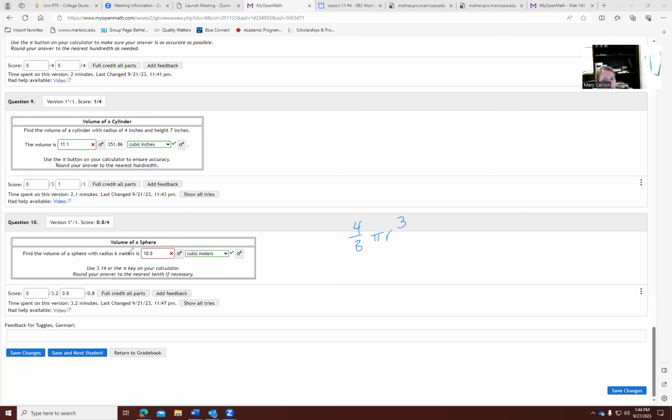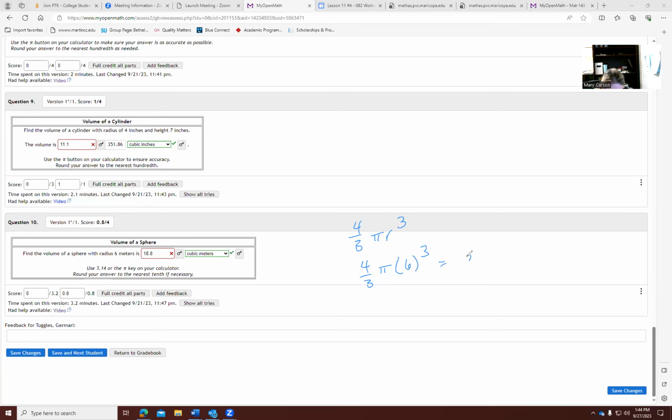Our radius here is 6. So 4/3 times pi times 6 cubed. Again, you can just stick this in the calculator. 6 cubed means 6 times 6 times 6. That's 216 times pi times 4/3.